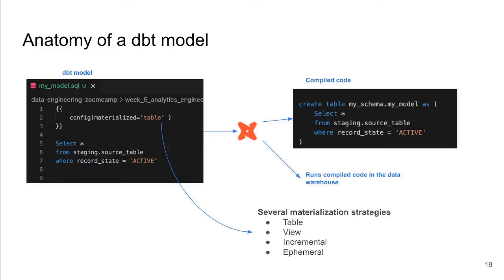And this is very useful for data that doesn't really change every day. So we could only run our model and transform and insert in our table only the latest data. And ephemeral is something similar to having a CTE separated in another file that we could embed. So it's a derived model.